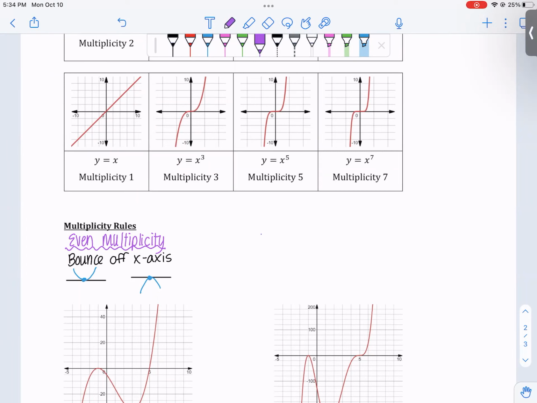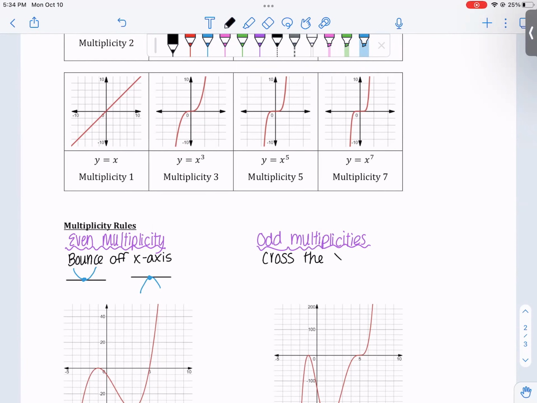On the other hand, odd multiplicities are going to cross through the x-axis. If you have a multiplicity of 1, there's not going to be any wiggle when you cross through the x-axis.